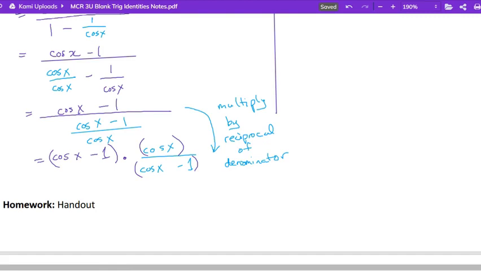What can I cancel out? We can cancel out cos x minus 1. Cancel, cancel. And we are left with a lonely cos x. What do I tell myself right now? Stop! Miss Sly, stop. Let's move on to the right side. So I am dividing the purple numerator by the blue denominator. So when you divide something by a fraction, it's the same thing as multiplying it by the reciprocal.